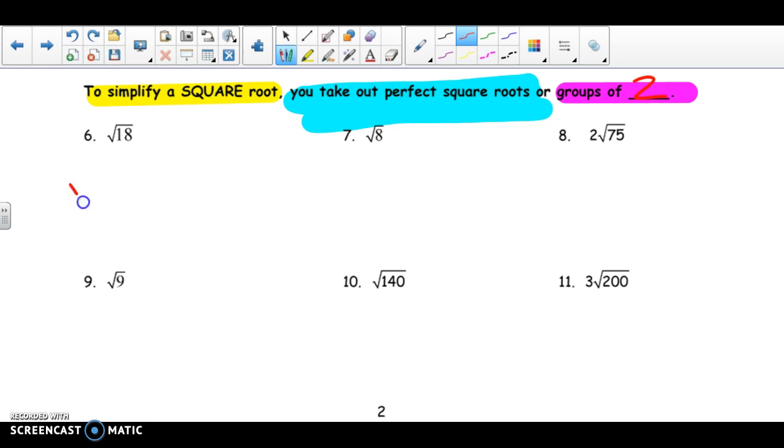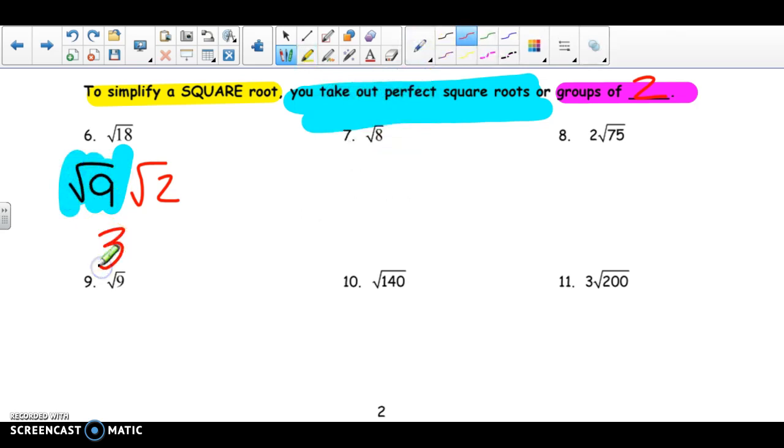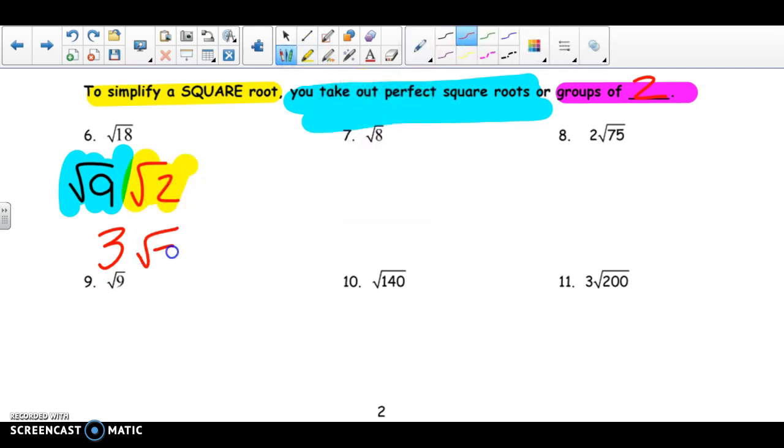So the square root of 18 is the same as the square root of 9 times the square root of 2. I like this one. It's the perfect number 3. But I don't like this one. It doesn't have a perfect number, so that means it's just going to end up staying in the root, and that's how I'm going to get 3 root 2.